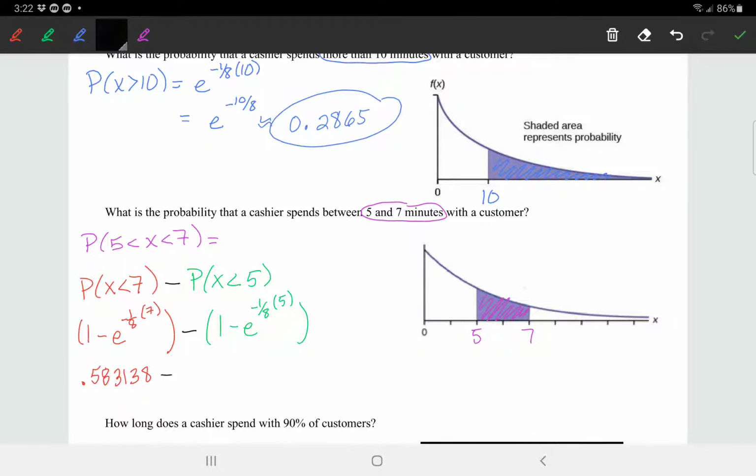And then we can subtract off the next probability, which is 0.464739. And when we subtract these, we get 0.118399. Now that we've done all the calculations, we can round these to 4 decimal places, so that would be 0.1184.